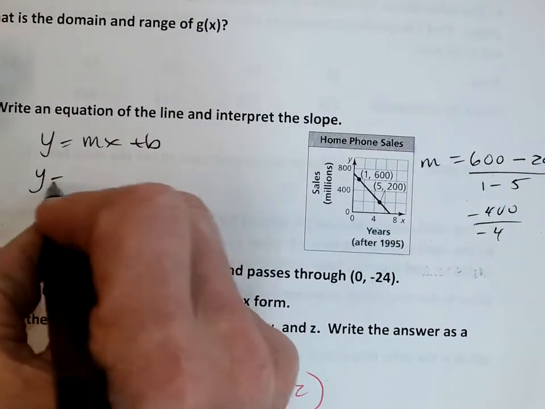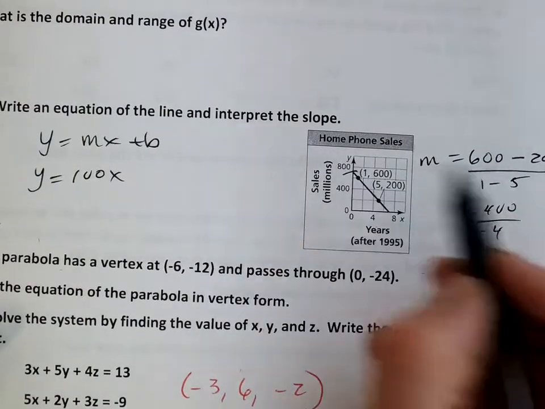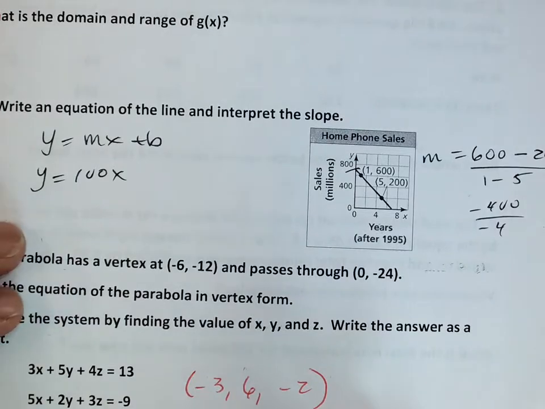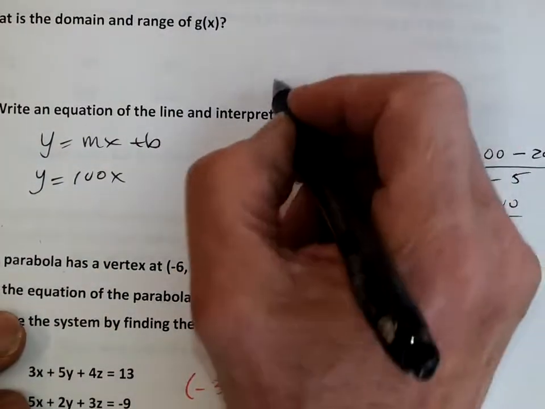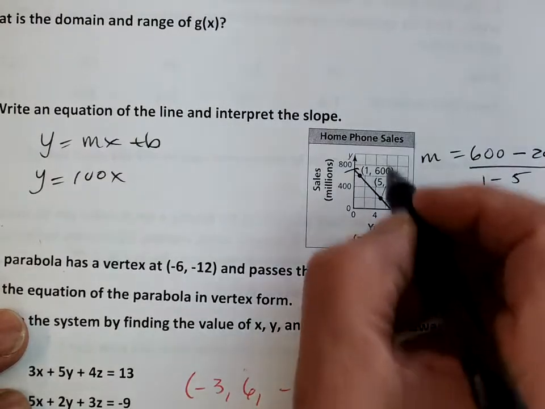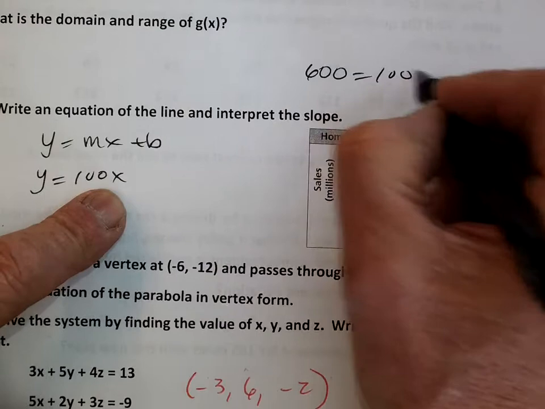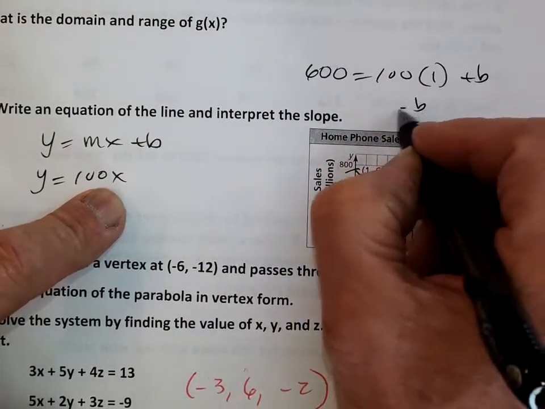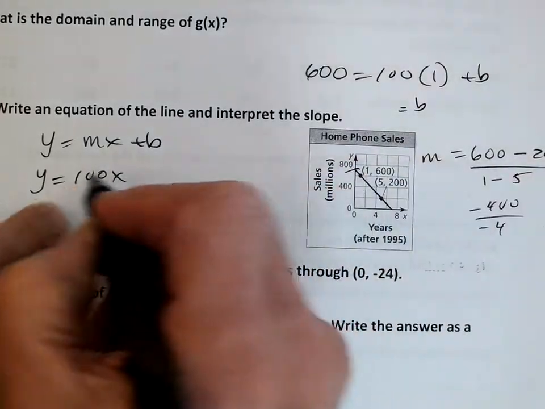I'll go y equals a 100x. And then I'm not sure what the x-intercept is here, but I can figure that out. It sure looks like 700. If I used my formula and I plugged in any point, let's use 600 equals my 100 times 1 plus b. Sure enough, b is going to be -100.